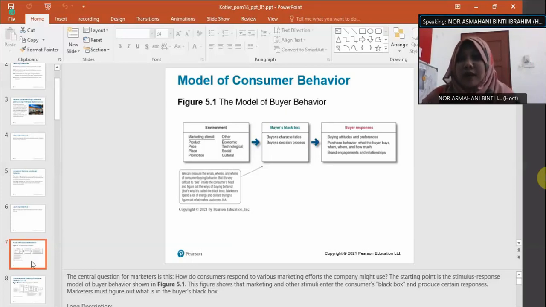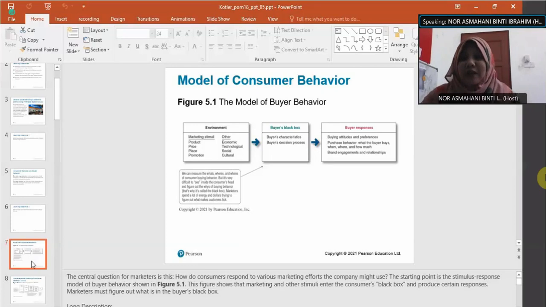And also other factors like economic, technology, social, and culture that might influence you. I don't know whether you realize it or not, right? Ini kita pergi nanti. And then which leads to buyer characteristics and decision process, right? Your own characteristics, your personality, and how you behave in making the decision.